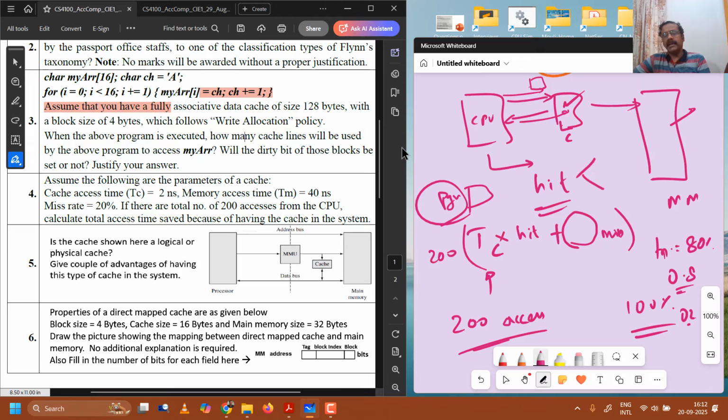Now, the entire block is brought into the cache. Always remember we are not going to bring only one byte. Even though the CPU is interested in one byte, the entire block is brought. So the CPU is stopped, the instruction is not going to be executed, and it is going to take some time for the block to come from the main memory. It is not an easy job, because you need to find out whether there is a free block available in the cache or not. Otherwise, you have to evict a block.